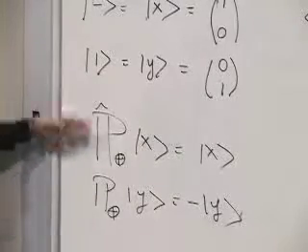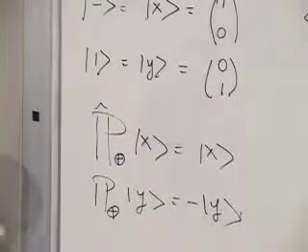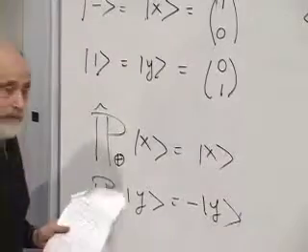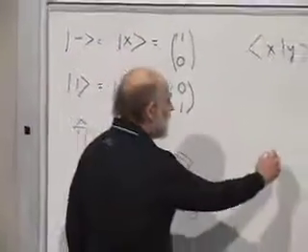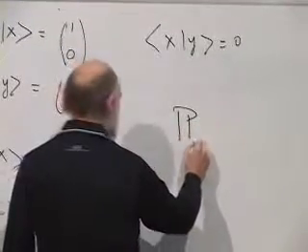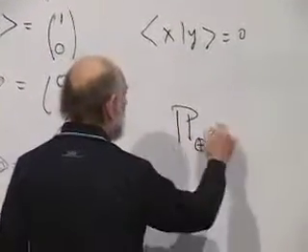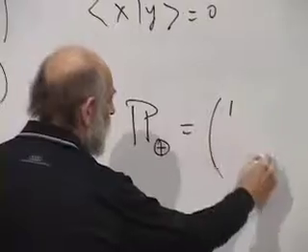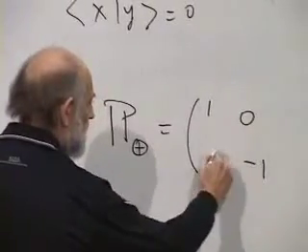It's an operator, a linear operator. Associated with every linear operator is a matrix. The matrix associated with P is the matrix 1, 0, 0, -1. As simple as it could be.